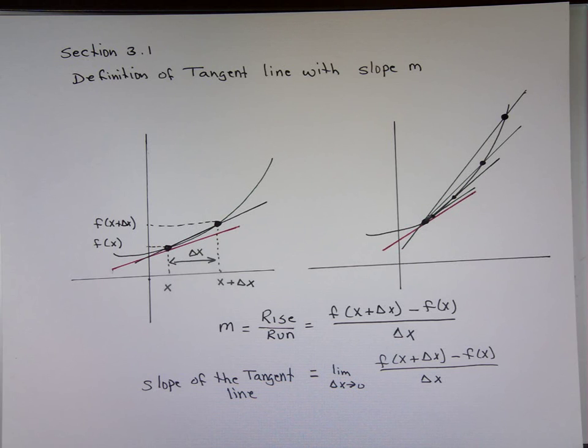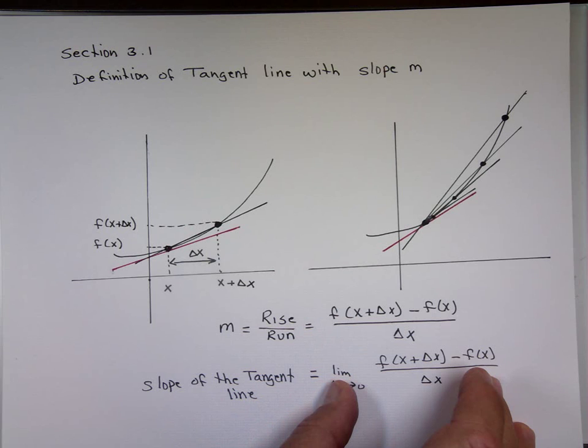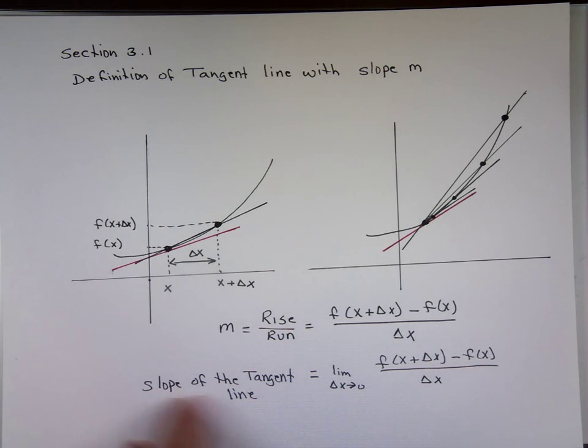And if you open any calc book and you look for the definition of derivative, the first thing you see is that equation. So this is what we're going to be talking about in chapter 3. Definition of derivative. Derivative is the slope of the tangent line. That's what the derivative is. But I'm not going to talk about the word derivative yet. I'll stay with the slope of the tangent line.